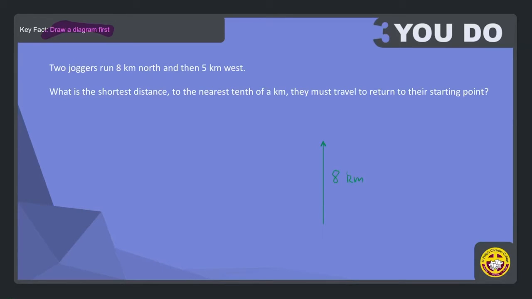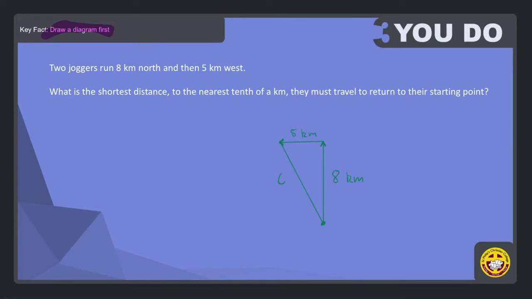Then they stop and they turn and travel 5 kilometers to the west. And if they want to come back to their starting point here, how far do they have to walk? I'm going to call that side C.